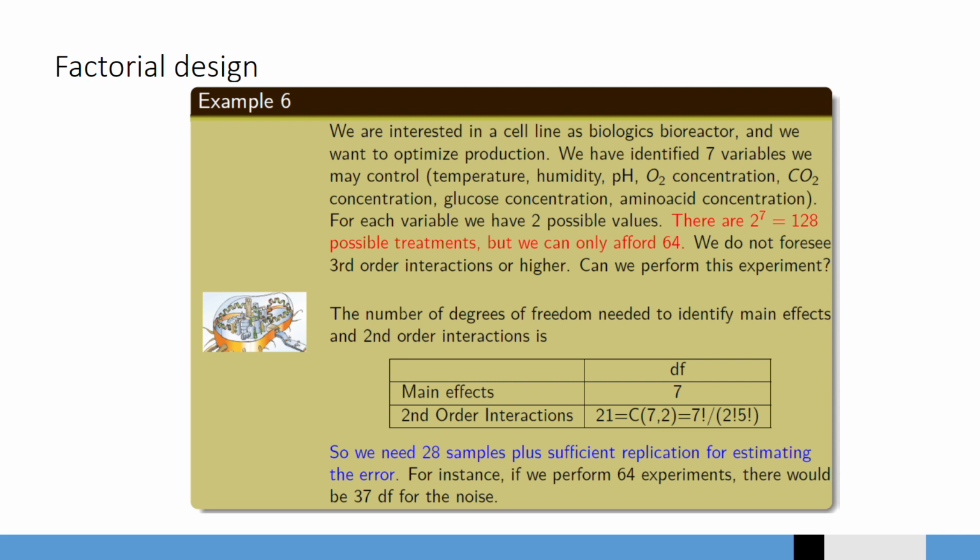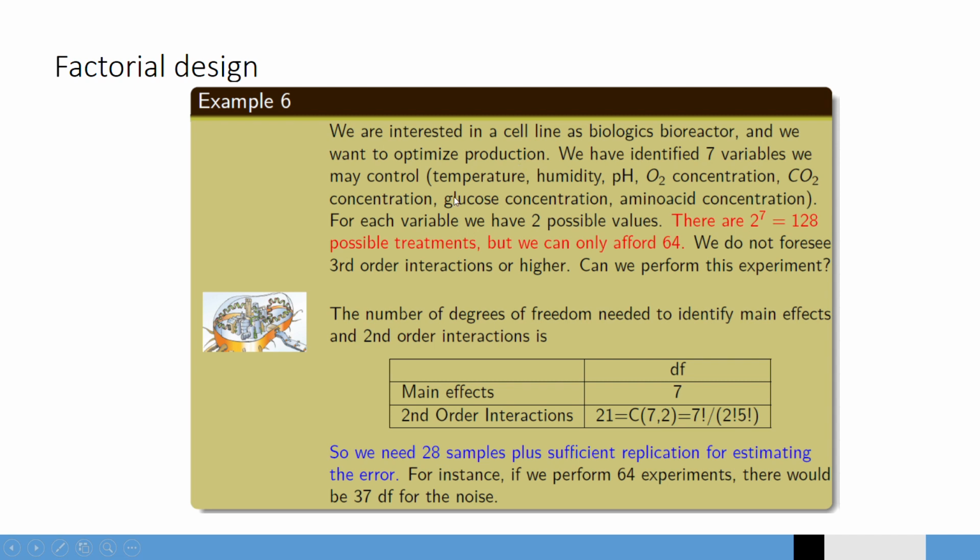And here is another example. So let's say that you're interested in the biologics bioreactor, and so how cells grow in a bioreactor, and there are 7 variables that you have identified that may have an impact. So the temperature, humidity, pH, concentration of oxygen, concentration of CO2, concentration of glucose, and amino acids.